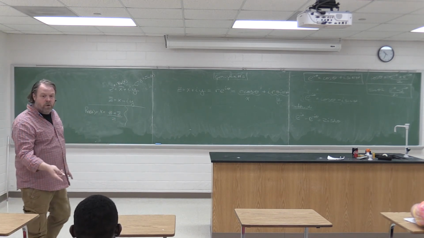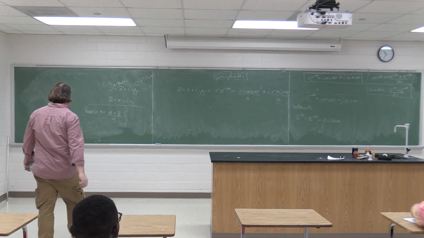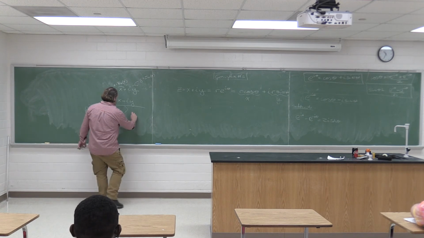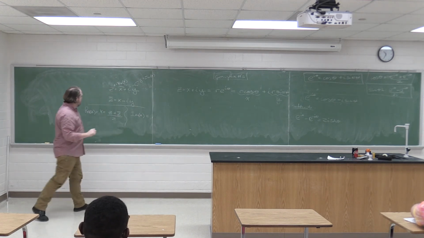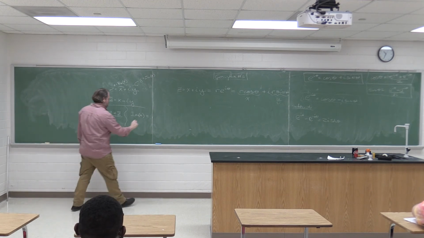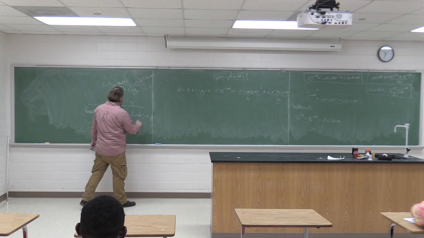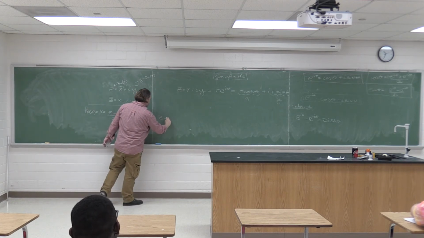Cos theta is the real part of e to the i theta. The imaginary part of Z, otherwise known as y, would be what? Z minus Z bar divided by 2i.